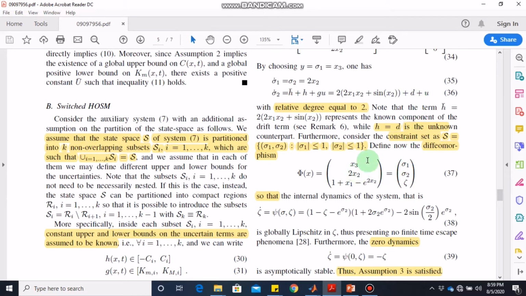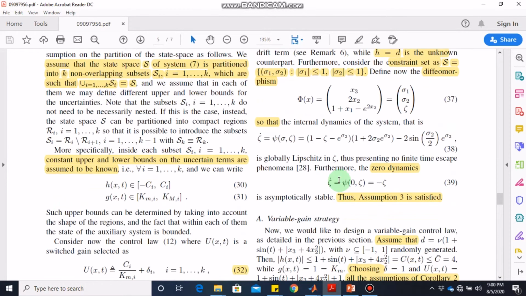They define a diffeomorphism, which is an invertible function, such that x3 is equal to sigma 1, which we already know is x3, then 2x2 is sigma 2, and they have defined 1 plus x1 minus 2 e raised to the power 2x2 to be equal to this variable zeta. This has been defined very cleverly in such a way that when you formulate zeta dot, the internal dynamics, there will be no control input or d appearing in zeta dot.